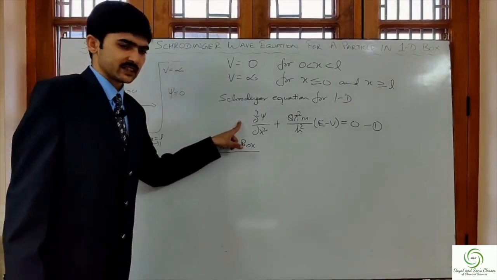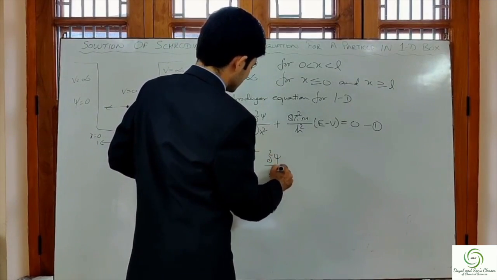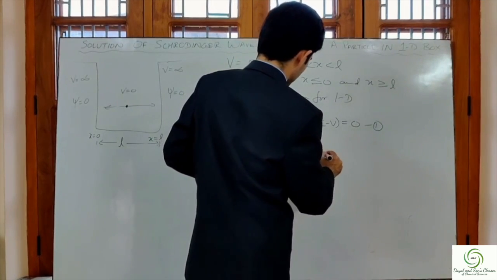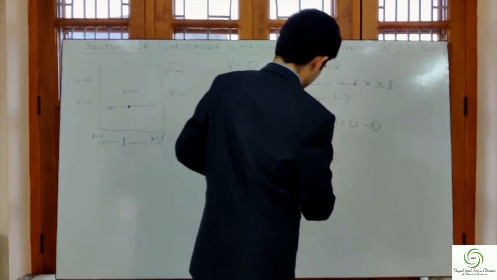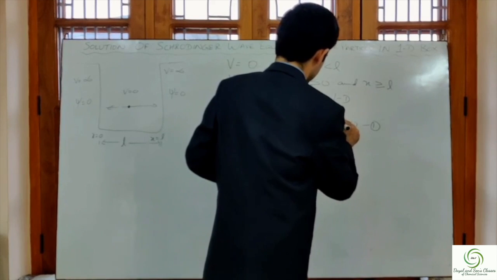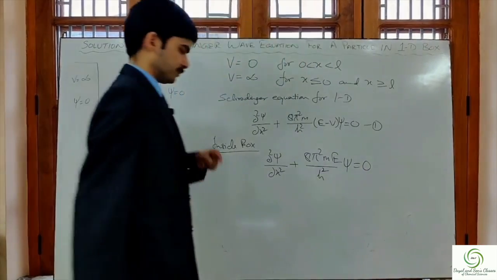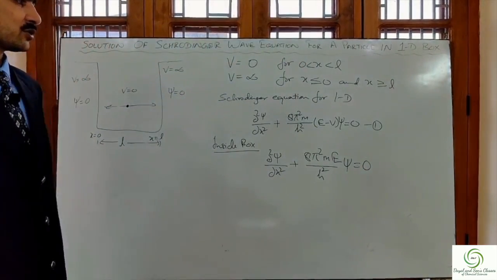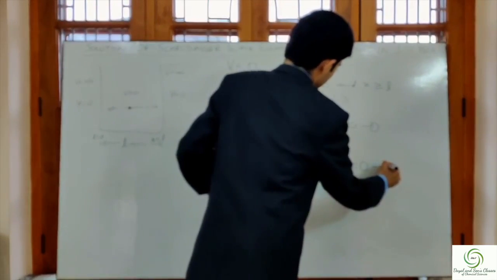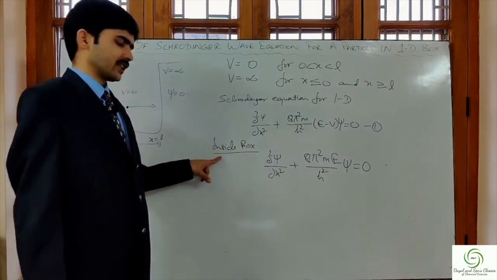Therefore, equation 1 will take the form del square psi by del x square plus 8 pi square m E upon h square psi is equal to 0. This equation will reduce to this form.